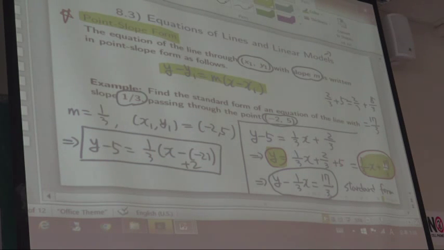You're fine. Or maybe some of this format, but eventually you have to simplify this into this format. But anyway, that is the final answer: y is equal to 1/3 x plus 17 over 3. That is a typical format. Although they may ask to change this into the standard form, typically we don't need to.